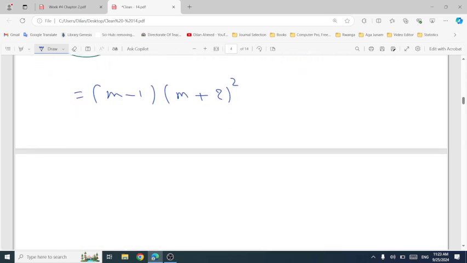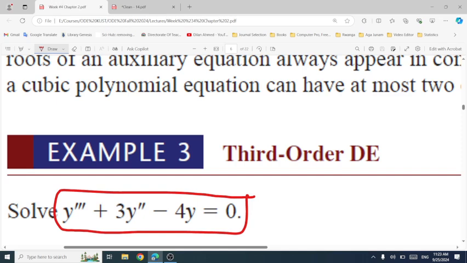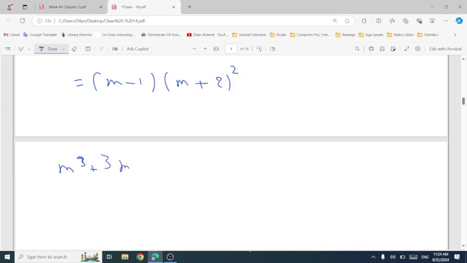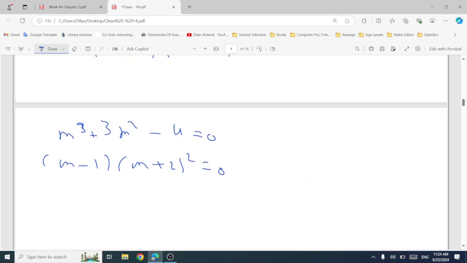Going back to business. We have m cube plus 3m squared minus 4 equal to 0, which is m minus 1 times m plus 2 squared equal to 0. Can I say first one equal to 0 and second one equal to 0? Yes.